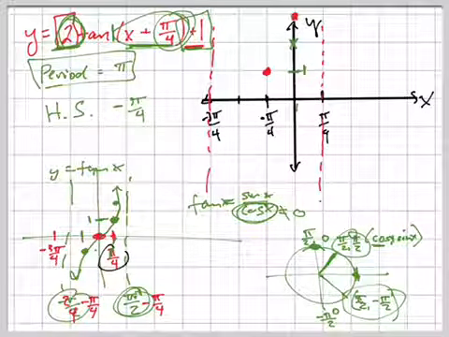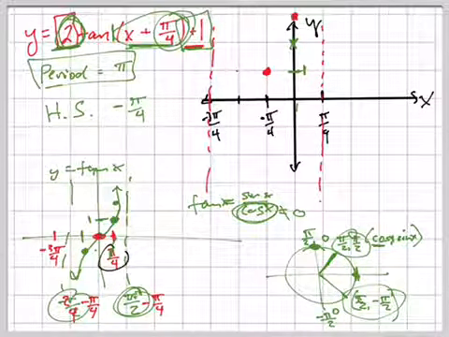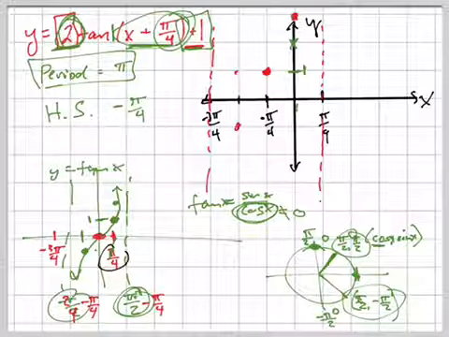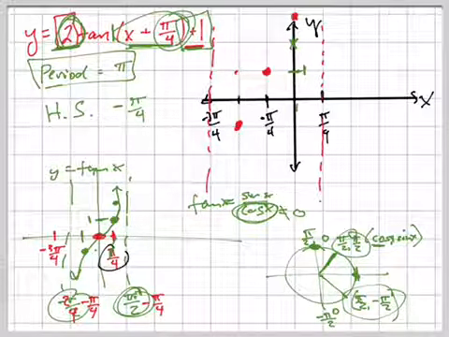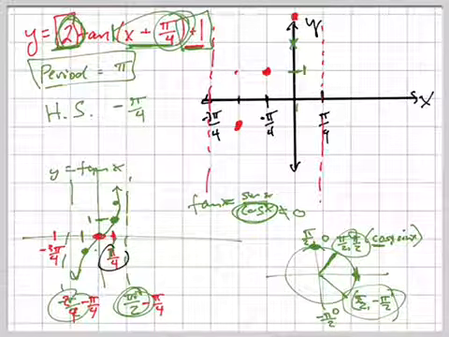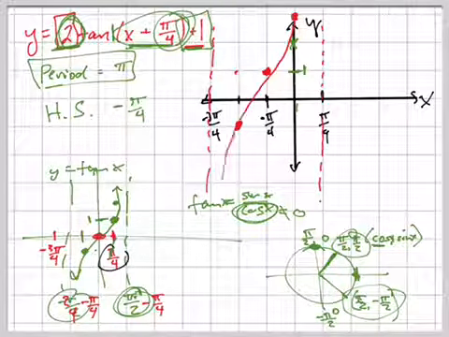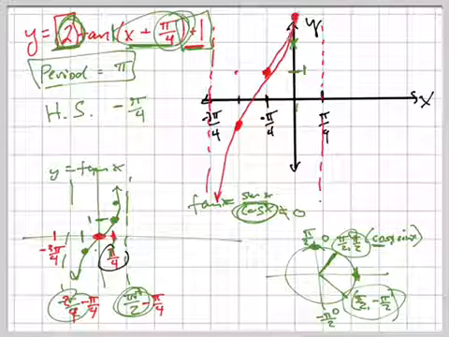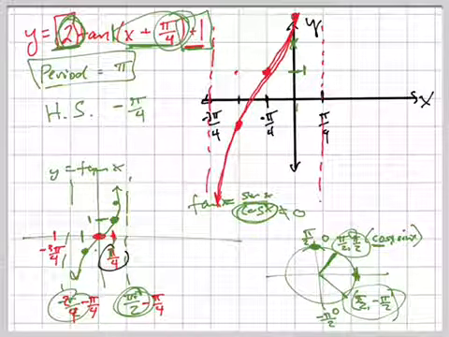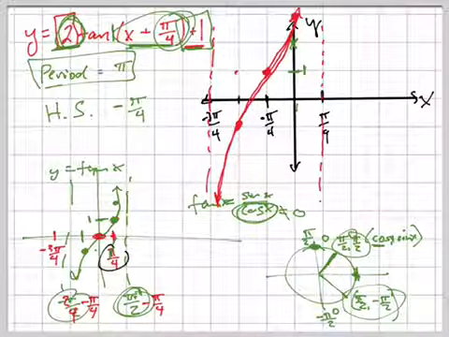Same with here: instead of going over 1, down 1, it's over 1, down 2. So it's there. I'm going to run out of room, but your graph is going to look like this. That's what your graph will look like.